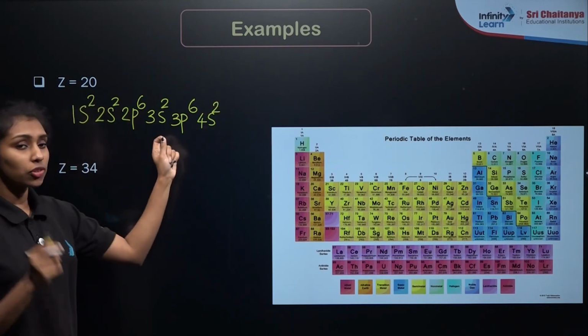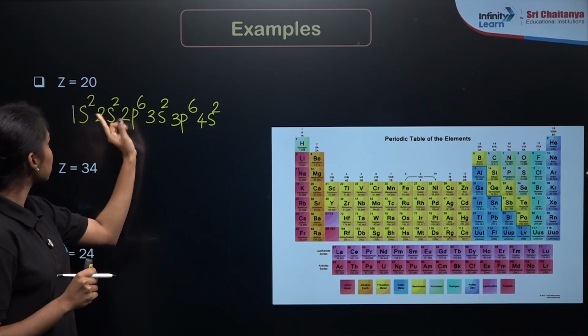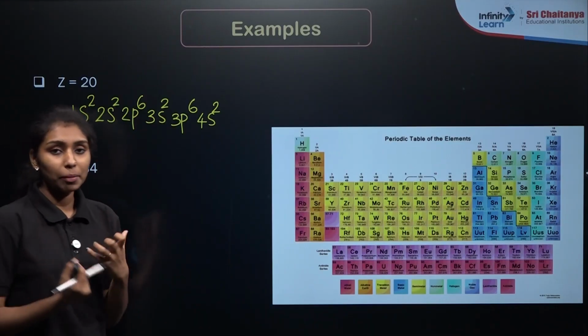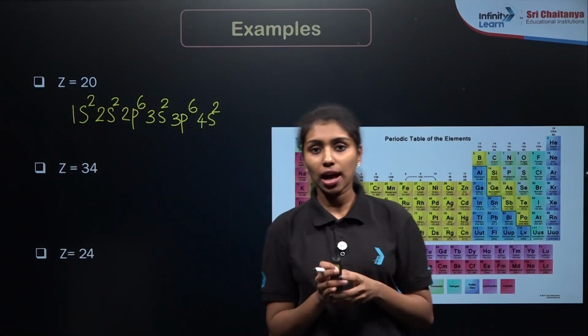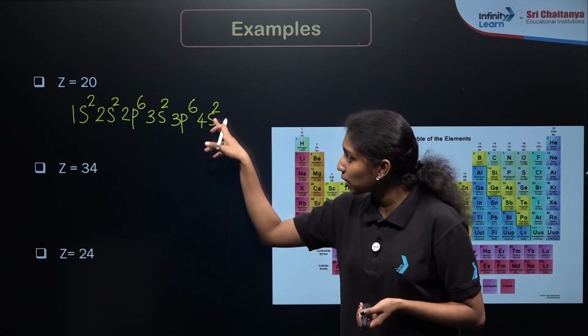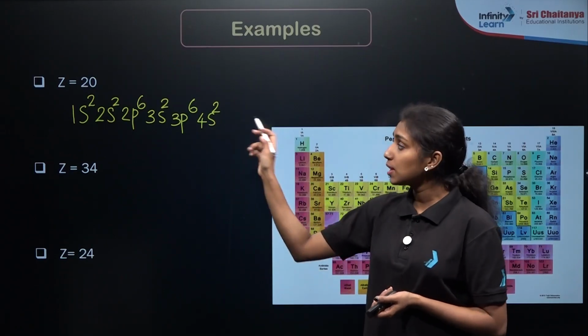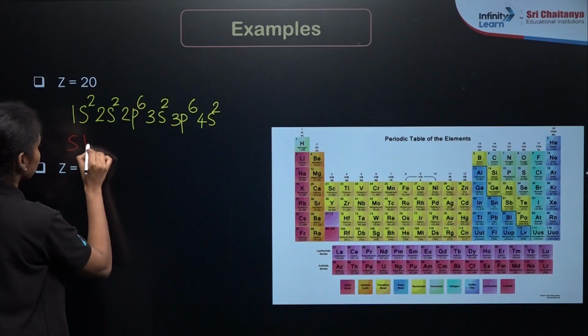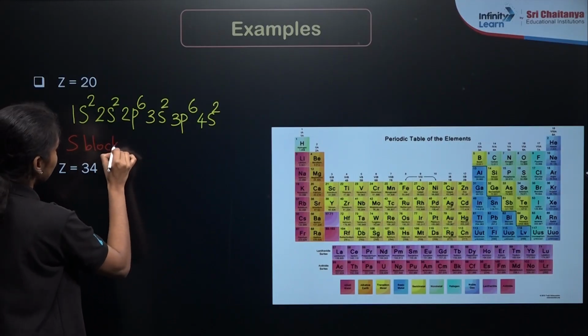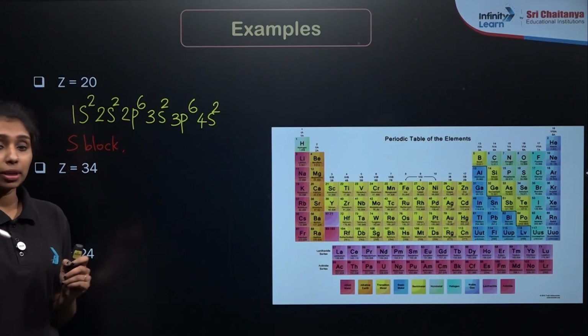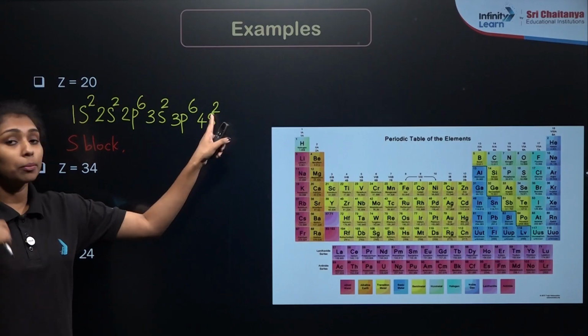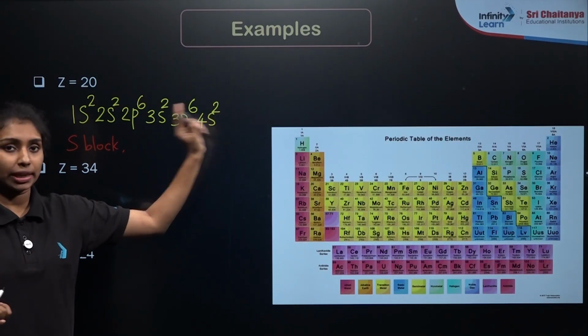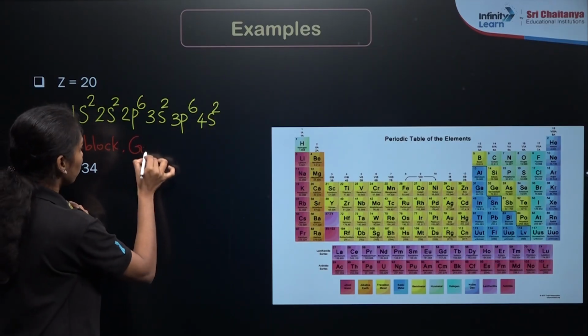This is the electronic configuration of the element with atomic number Z equal to 20. Which block element is it? We focus on the last electron. The last two electrons are entering into the s subshell, so this will be an s block element. Then how to predict the group number of an s block element? Identify the number of electrons in the s subshell. It is 2 here, so the group will be 2.